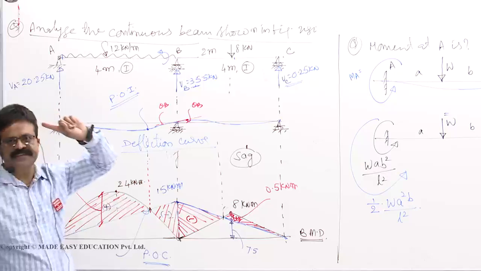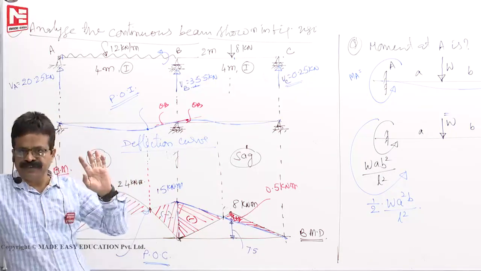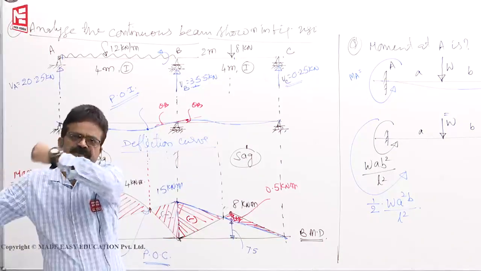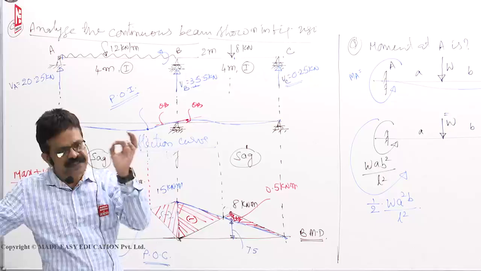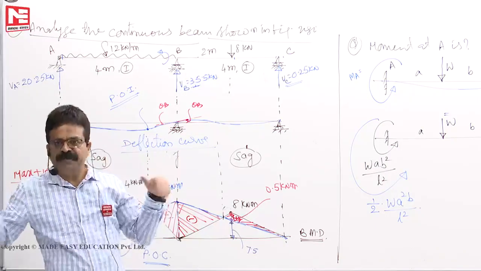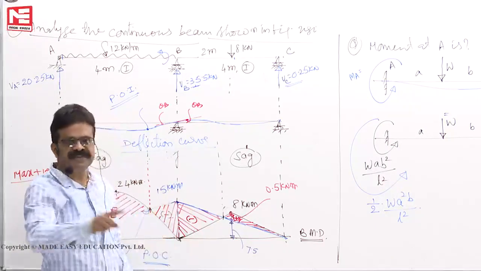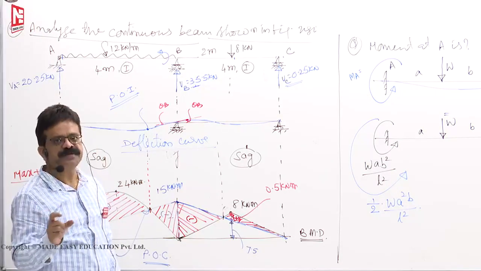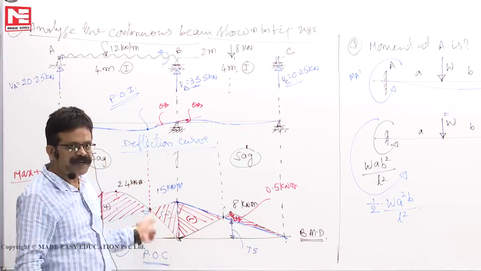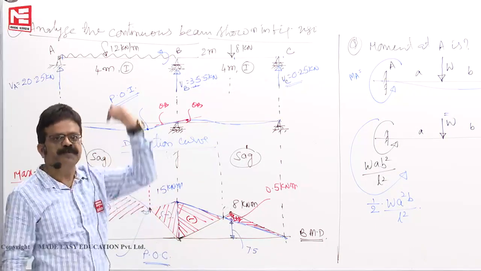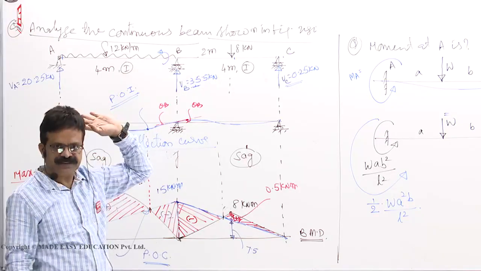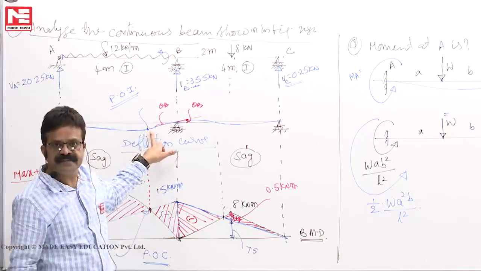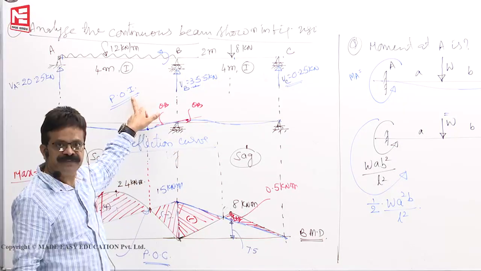Wherever curvature changes its sign, it is called a point of inflection, not necessarily because of bending moment; any mathematical curve whose curvature changes sign has one. But if bending moment changes its sign, since bending moment is related to curvature, it is a particular case. At that point there will develop a point of inflection in the beam. So on the deflection profile, where curvature changes its sign, we call it point of inflection.